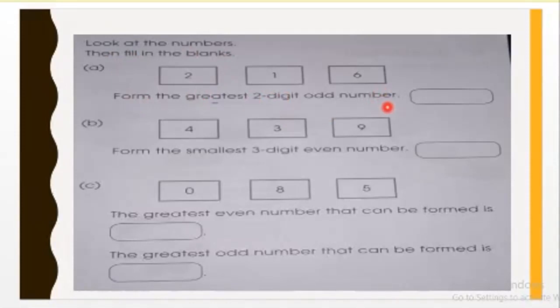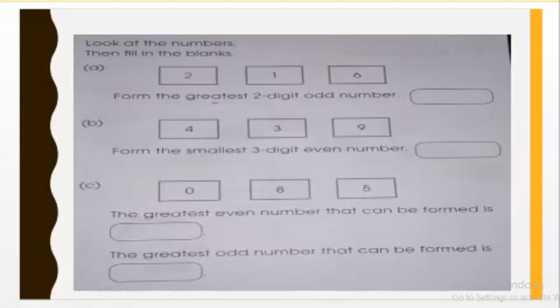The main idea of the question is to use these three numbers, that is 2, 1 and 6, and use two numbers from the given numbers and make the greatest odd number. You're not allowed to use any other numbers. You are allowed to use only these three digits and then you're going to make a greatest two-digit number.